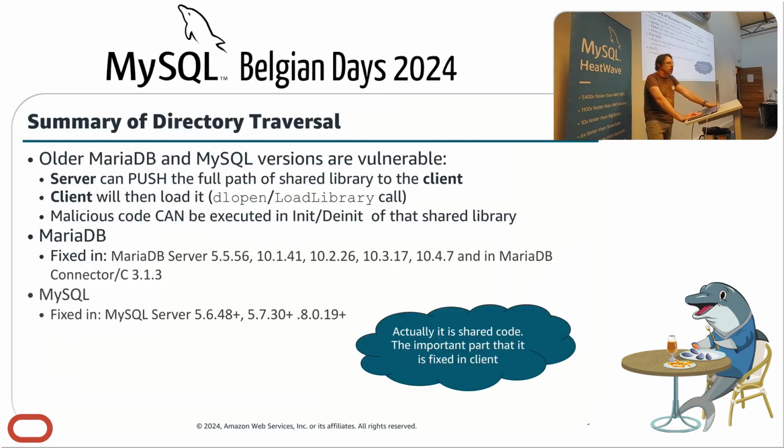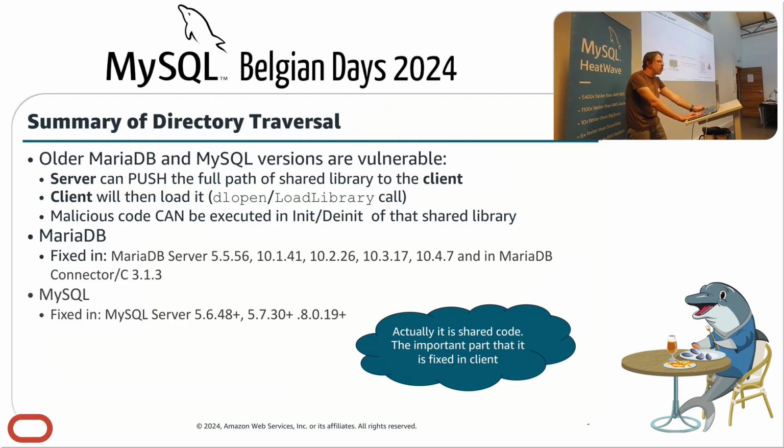So the summary: all the MySQL MariaDB versions can actually push the full path, and this is fixed in all these versions. If you guys are using version 8.0.19, anyone using the 8.0.19 client library, you need to upgrade immediately.